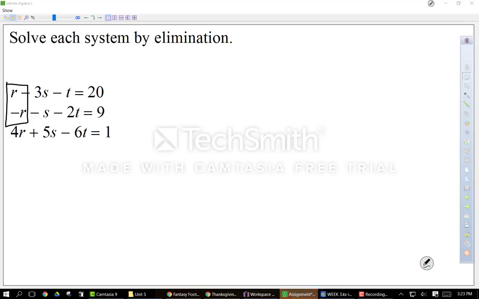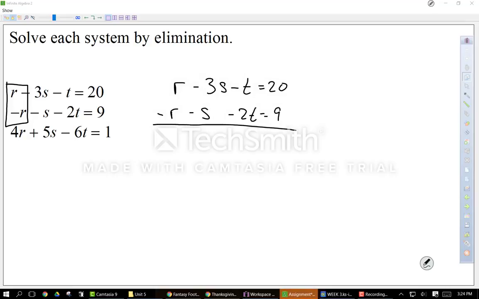So I can take them, r minus 3s minus t equals 20, minus r minus s minus 2t equals 9. Because they're opposites, I can add to get 0. That gives me negative 4s minus 3t is equal to 29. So that equation here that I just wrote does not contain an r.